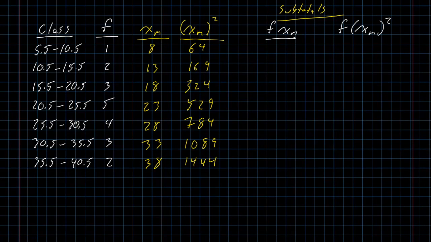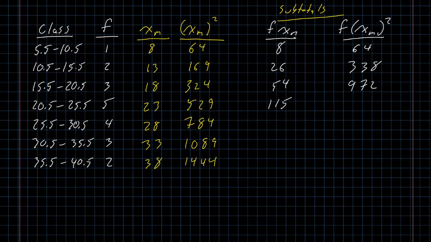All right, 1 times 8, 1 times 64, again, very simple. 2 times 13 is 26. 2 times 169 is 338. 3 times 18 is 54. 3 times 324 is 972. 5 times 23 is 115. 5 times 529 is 2,645.